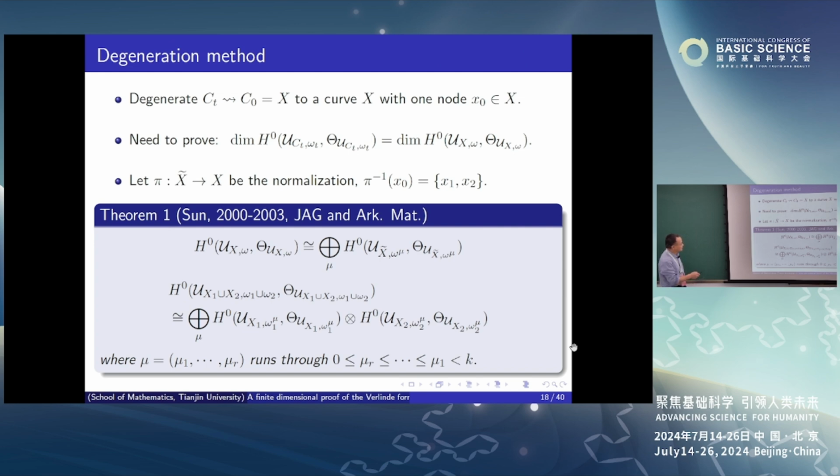If we know this, now we in fact get a recurrence relation. You can consider this as a formula about the genus G, and this is genus G minus 1, because this curve has genus G minus 1.